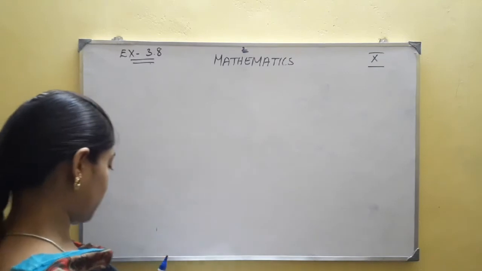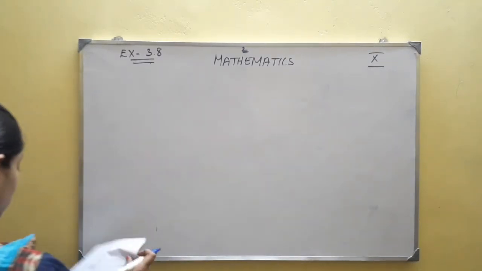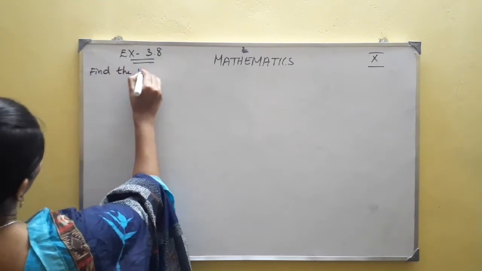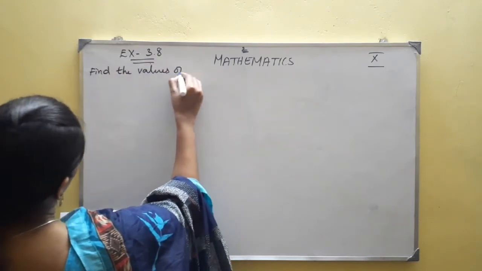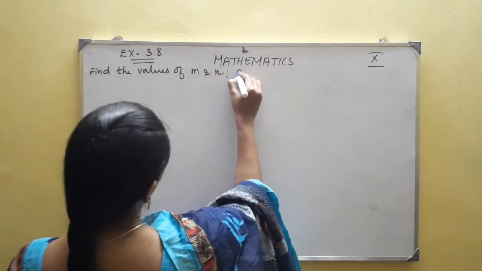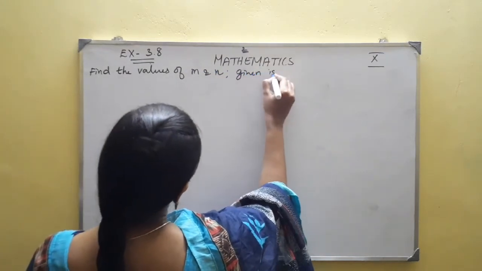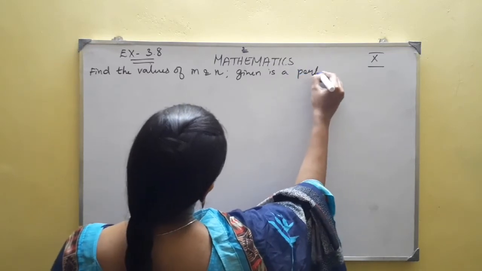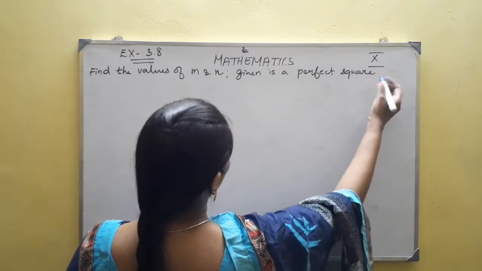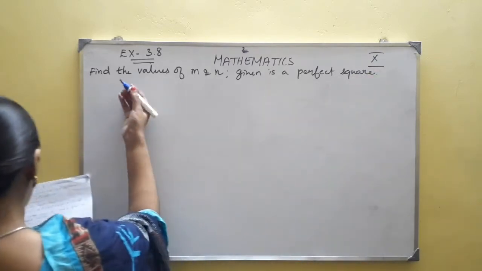So now find the values of m and n. Given is a perfect square. Now you want to find the value of m and n. They gave you a polynomial which is a perfect square.